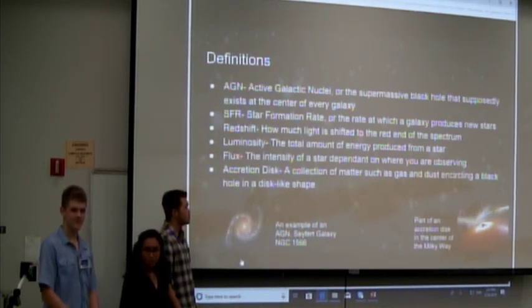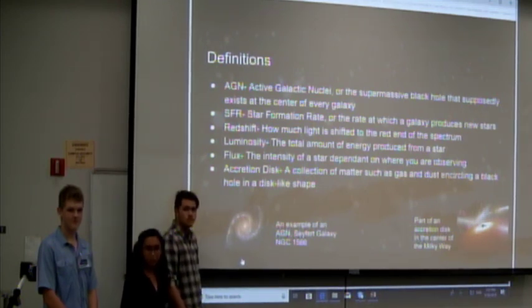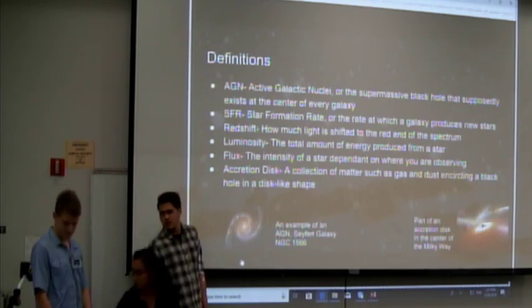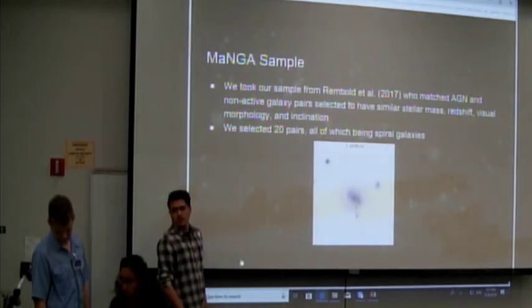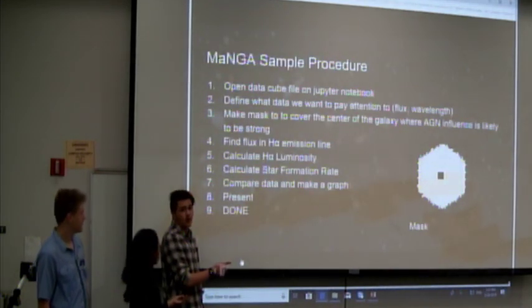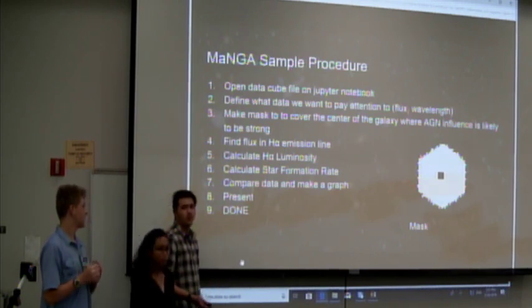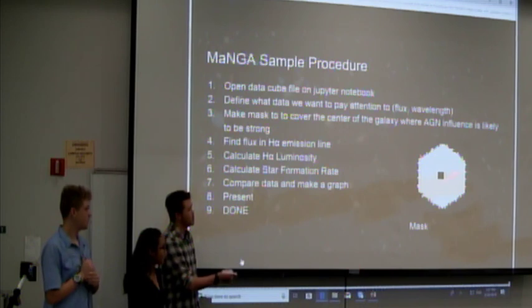Any more questions? About the mask that you made, is the black square the mask, or is the whole thing a mask? So the black area is the mask. That's where we would be covering up, and we won't be calculating the luminosity and star formation rate.